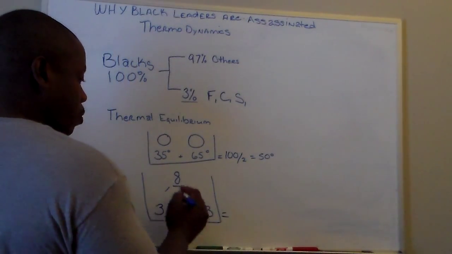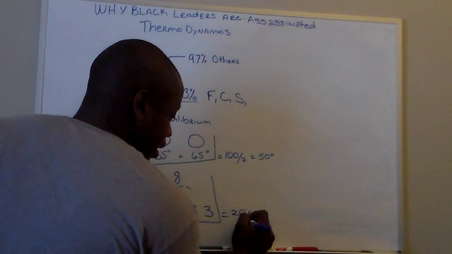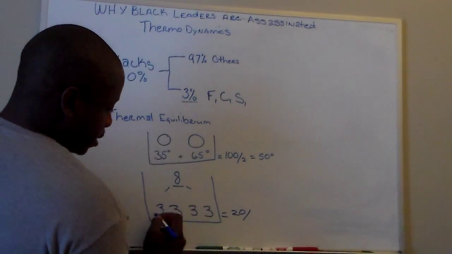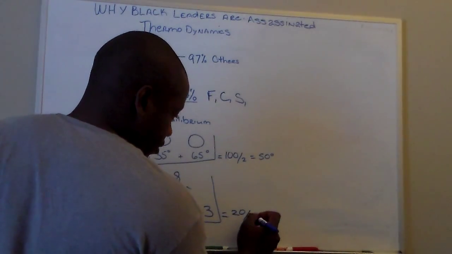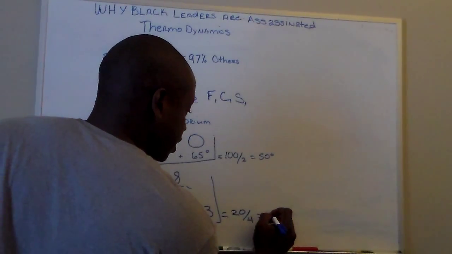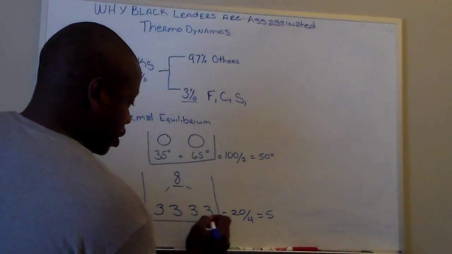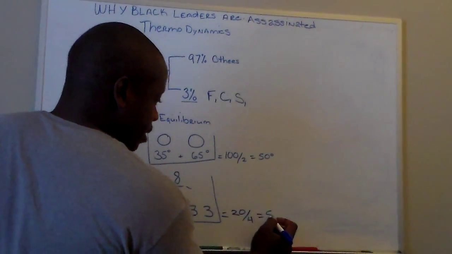That's going to be 12 plus that guy's 8, which brings us to 20. Then we divide by this population of 4, whatever it is, 4 billion, 4,000, whoever it is. And so now their thermal equilibrium point, given the help of this person, is now at 5.